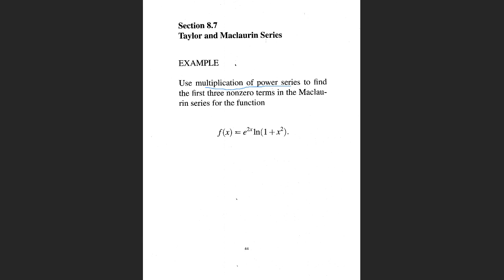Maclaurin series are centered about a equals 0. A Maclaurin series is a Taylor series centered about a equals 0. In example 7, you have a Taylor series centered about a equals pi over 3. So I'm going to ask you to go ahead and look at that example on your own.